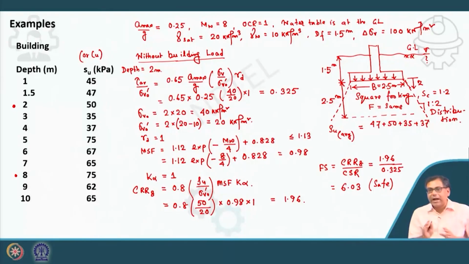I am taking the average value between 1.5 meter and 4 meter, because up to 4 meter is the influence zone. That is divided by 4, so that value is 42.25 kilonewton per meter square. That is the SU average.